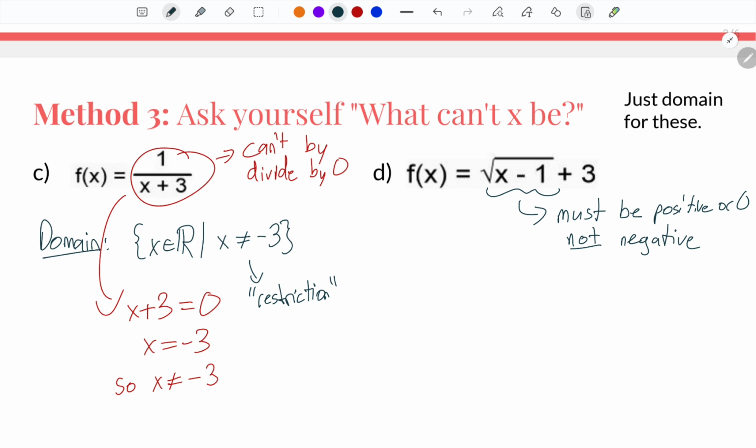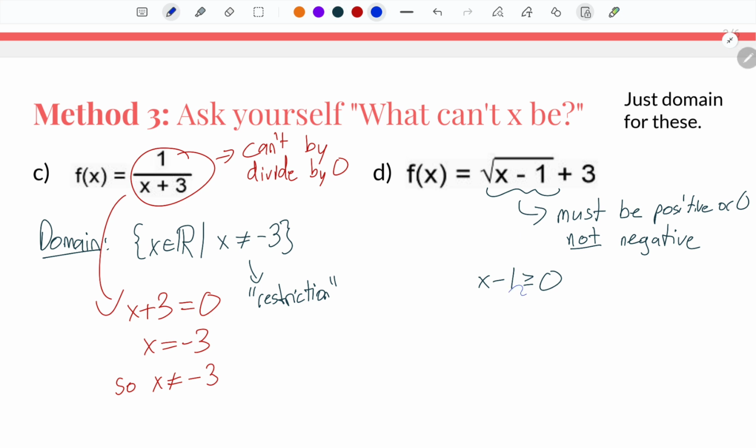And so we need to make sure, well, x minus 1 can't possibly be negative. We want to make sure it's greater than or equal to 0. So we have this statement: x minus 1 must be greater than or equal to 0. And we want to make sure whenever we're writing our domain or our range, we want it in terms of x or just y.